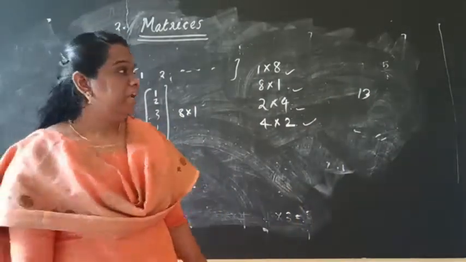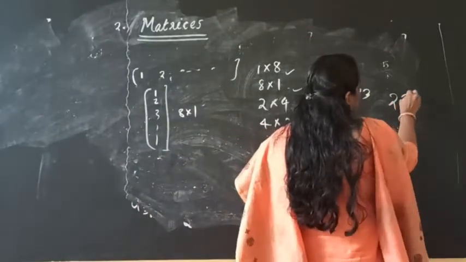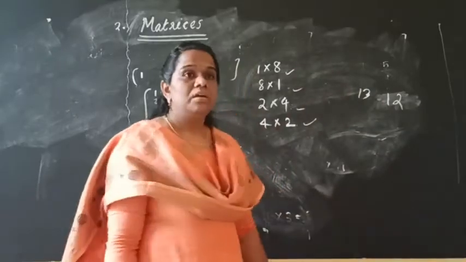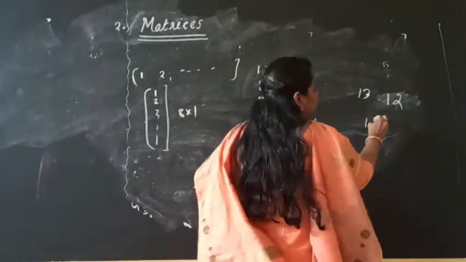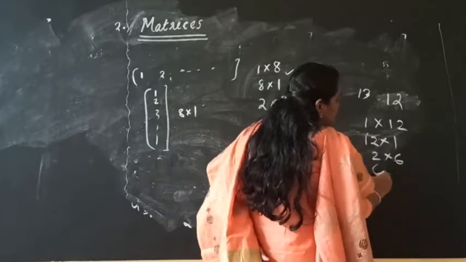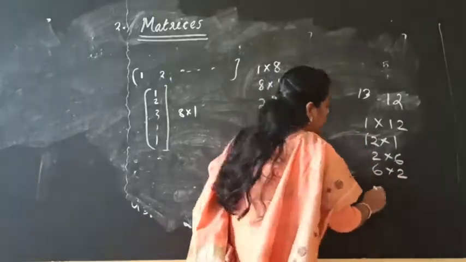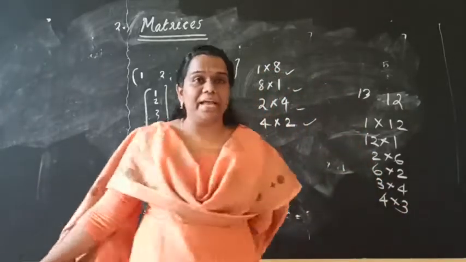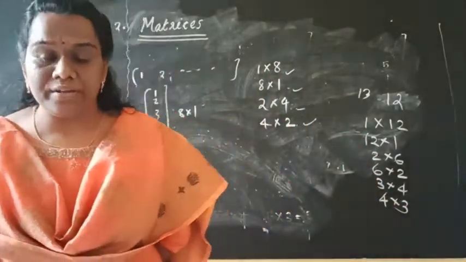If a matrix has 12 elements, the possible orders are 1 into 12, 12 into 1, 2 into 6, 6 into 2, 3 into 4, 4 into 3. I hope you understood these orders.